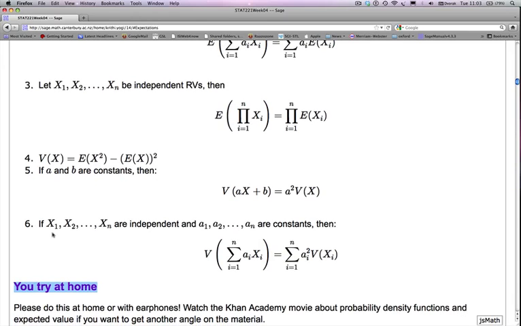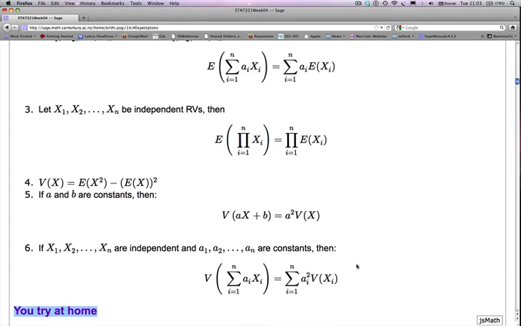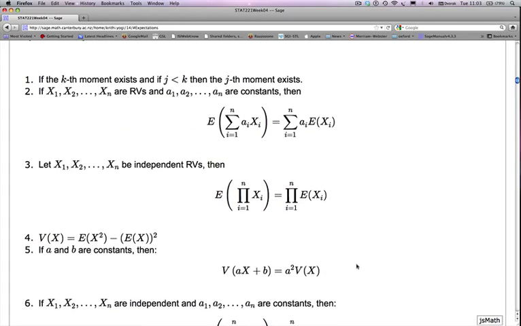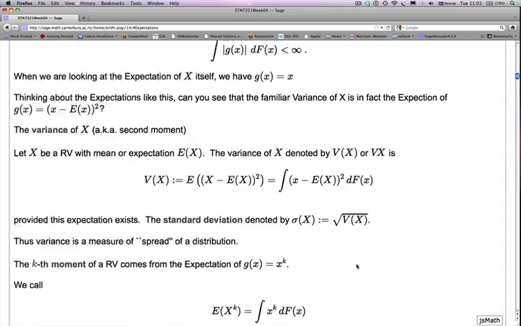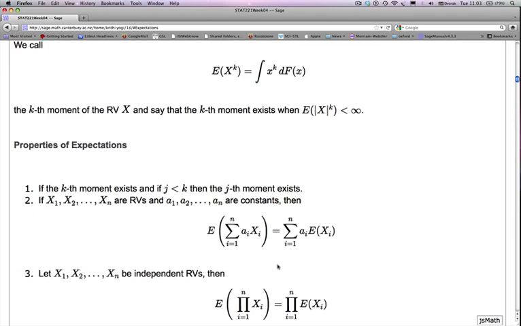Finally, the sixth property says if x1, x2 up through xn are independent and a1, a2 through an are constants, then the variance of the summation of a sub i times x sub i as i goes from 1 through n is simply equal to the sum of the a sub i squared times the variance of x sub i. Okay, this property rather. So to fully understand the properties of expectations, you simply have to chase the definitions given above, and these properties are merely consequences of the definitions.